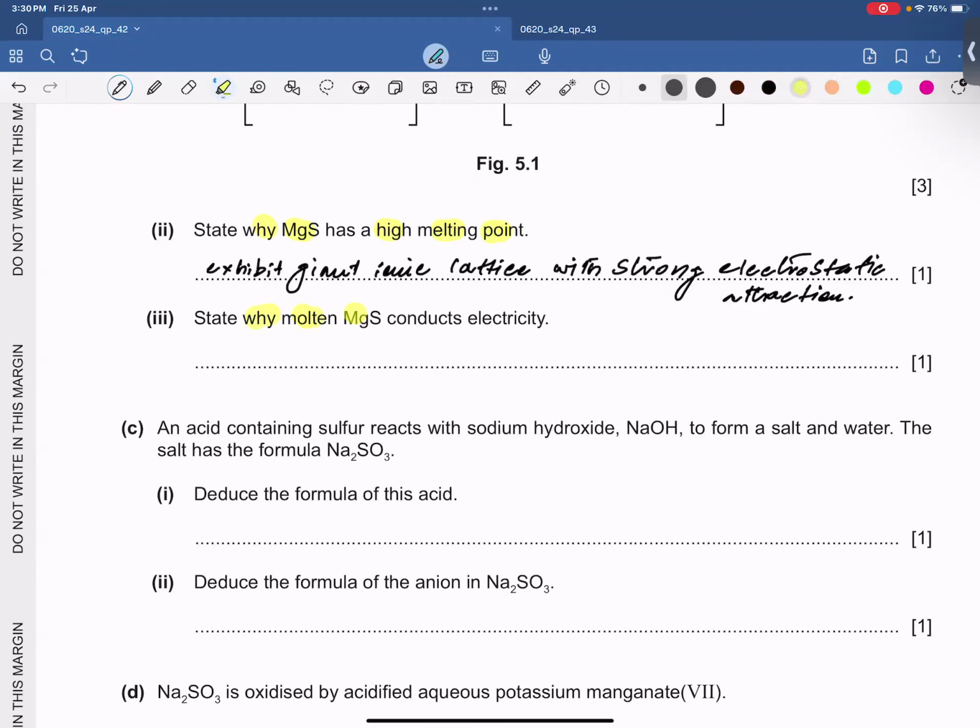State why molten MgS conducts electricity: because of the presence of free mobile ions.